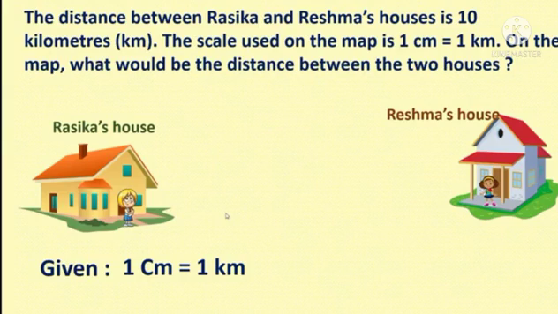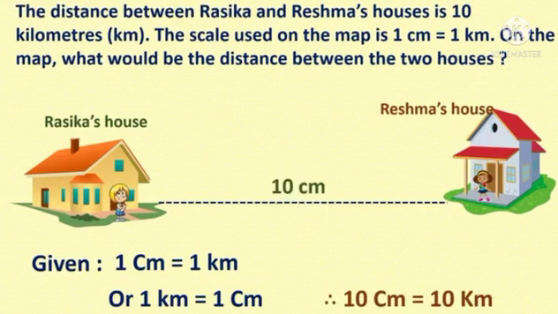Now see students, what is given here? The distance between Rasika's and Reshma's house is 10 kilometers. The scale used on the map is 1 centimeter equals 1 kilometer. On the map, what would be the distance between the two houses?